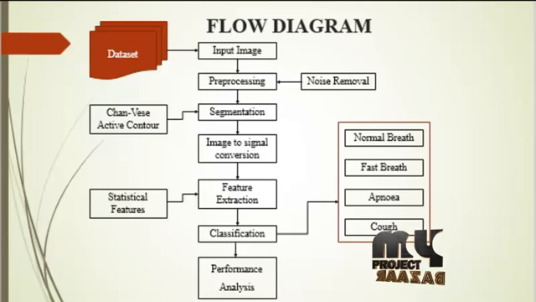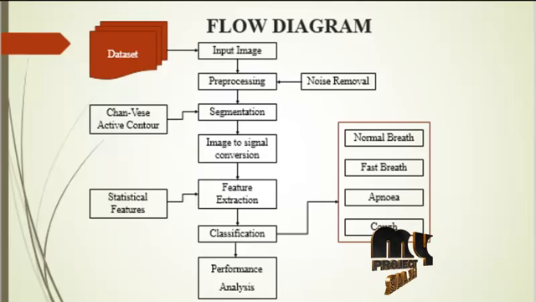When the input data to the algorithm is too large to be processed and it is suspected to be redundant, for example the repetitiveness of image presented as pixels, then it can be transformed into a reduced set of features, also named a feature vector.